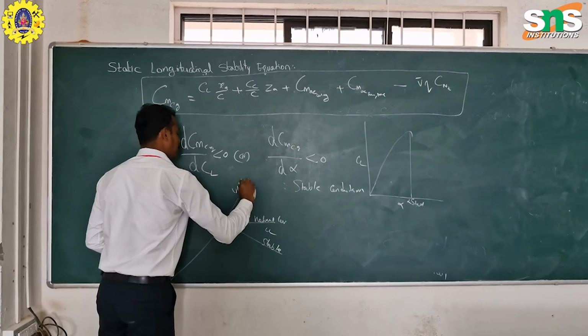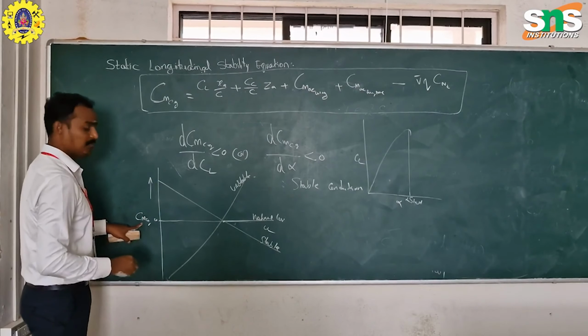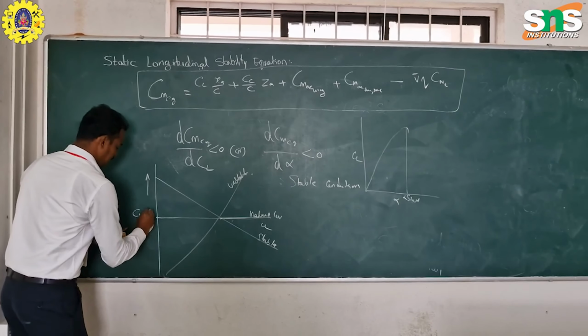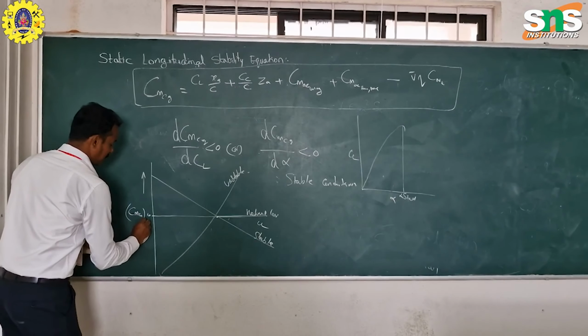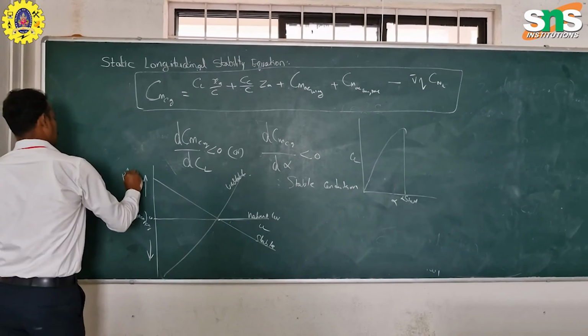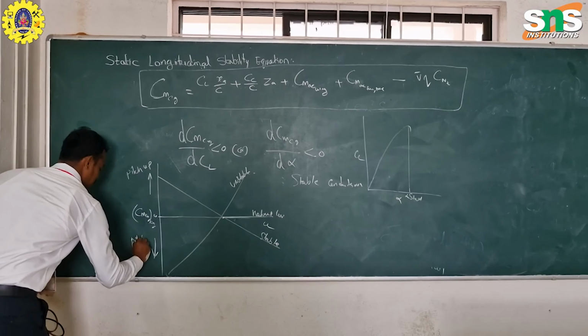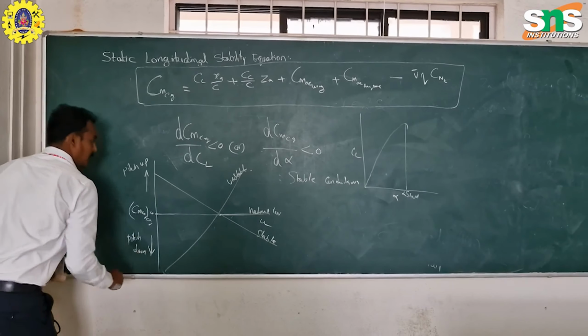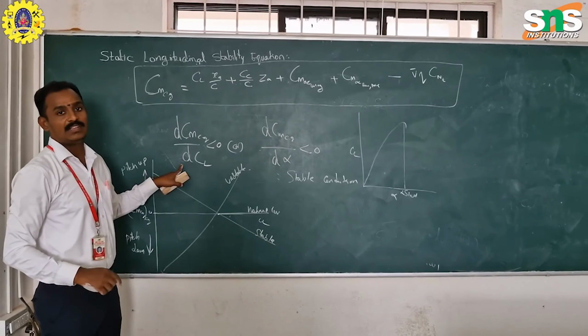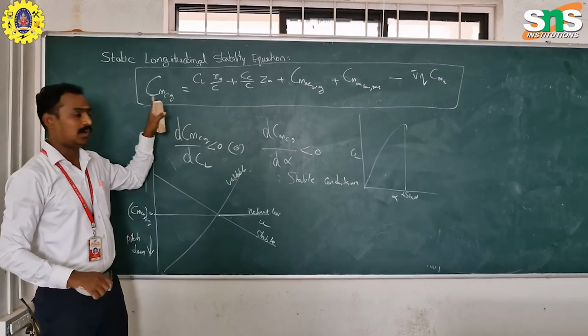This is the unstable condition. So this is the CM at CG portion. This is for pitch up condition. This is for pitch down condition. So we are getting the overall static longitudinal stability equation and its criteria.